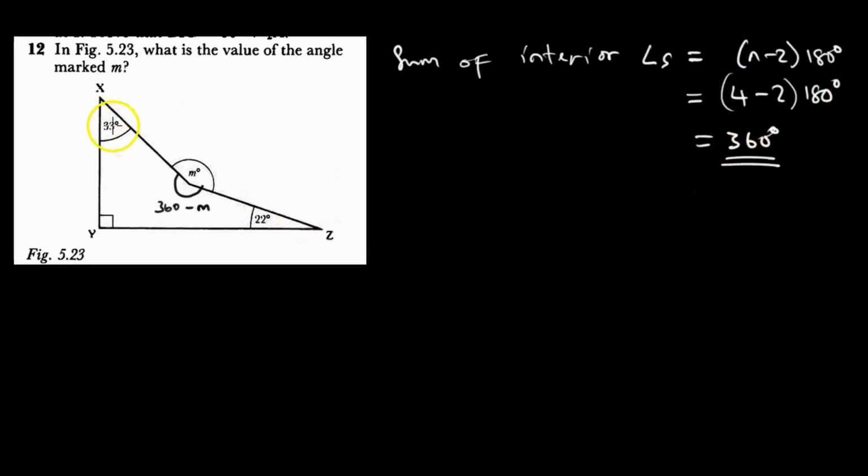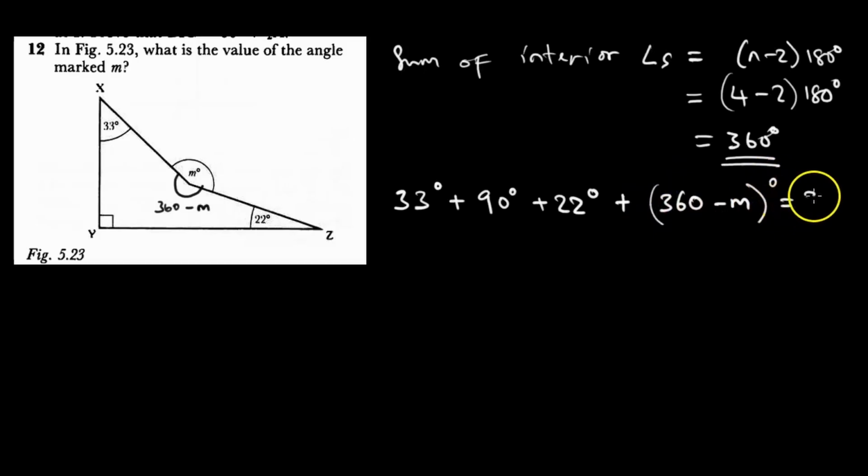Koroti tikaedha maangles aya 33 plus 90 plus 22 plus 360 minus m, sum yacho should be 360. That's how we get m. So let us do it. 33 degrees plus 90 degrees plus 22 degrees plus 360 minus m, it's degrees, remember, is equal to 360 degrees.